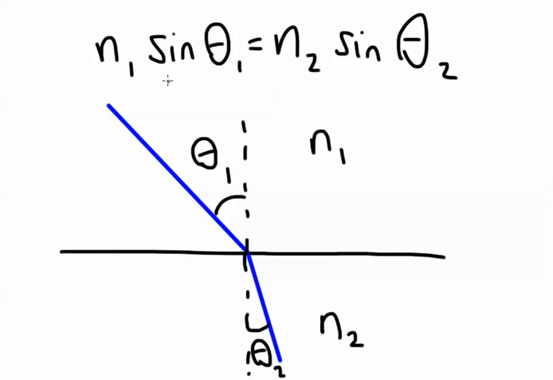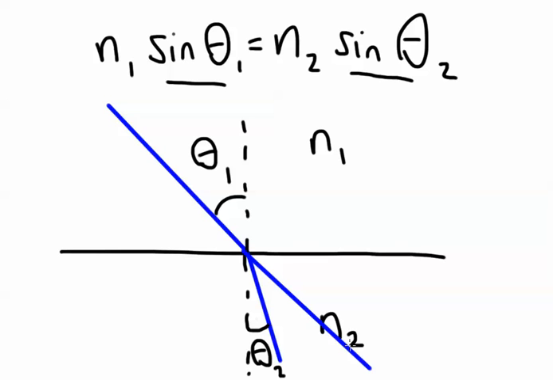So one thing you can see is that if these angles were the same, then the indices of refraction would have to be the same. So whenever the indices of refraction are the same, then these angles are the same, and the light ray would go straight through.